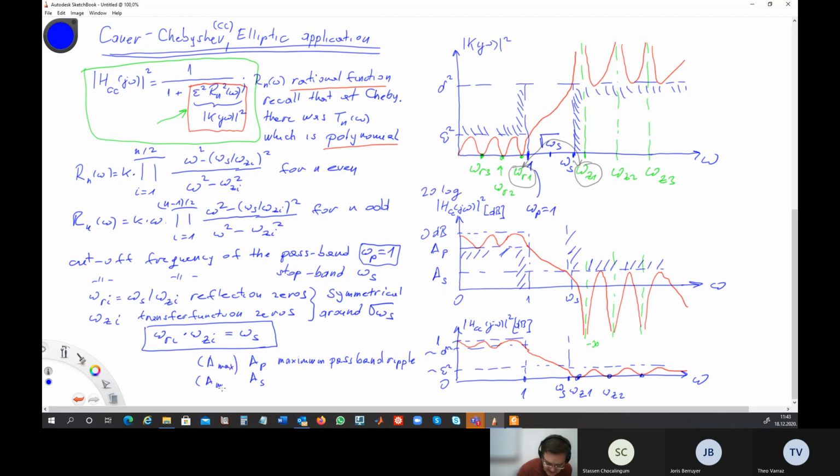Then here somebody uses a min. So we could write here a max and a min. Minimum stop band attenuation.